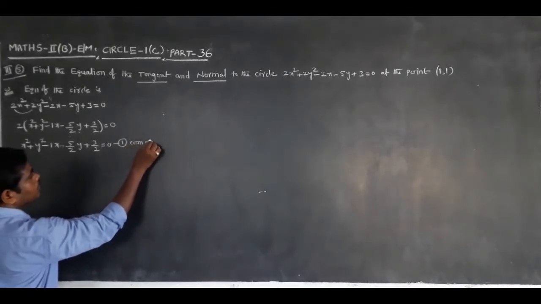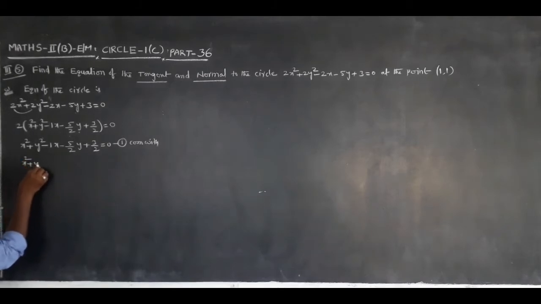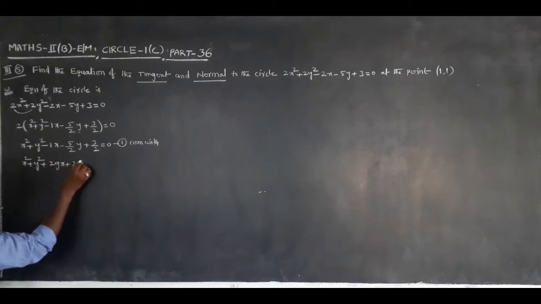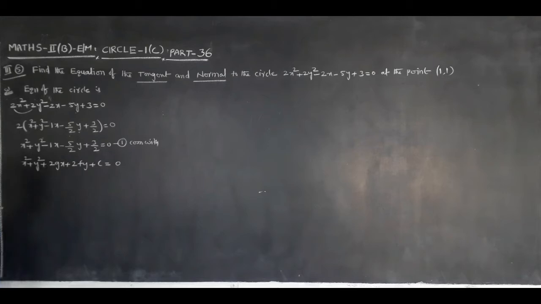Comparing with the general equation x square plus y square plus 2gx plus 2fy plus c is equal to 0. Here the x coefficient 2g is equal to minus 1, so g is equal to minus 1 by 2.